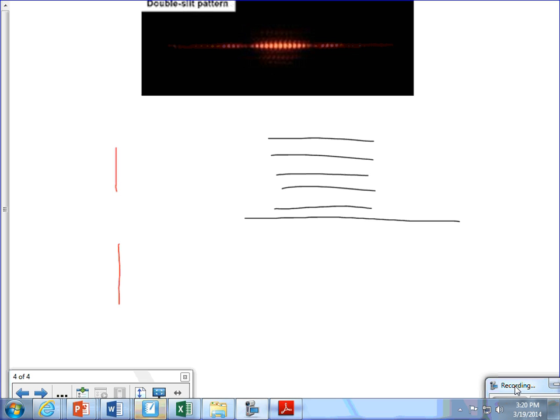In the applet I used, there were a bunch of points like this, and when a wavefront hit those points, they all started doing their job and propagating more waves.